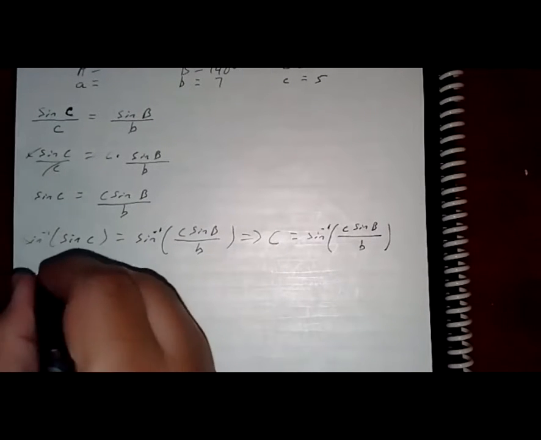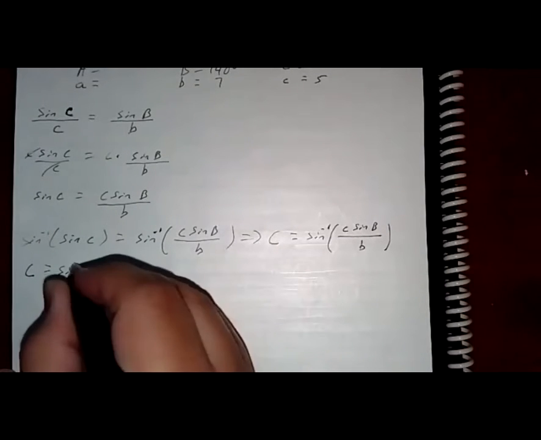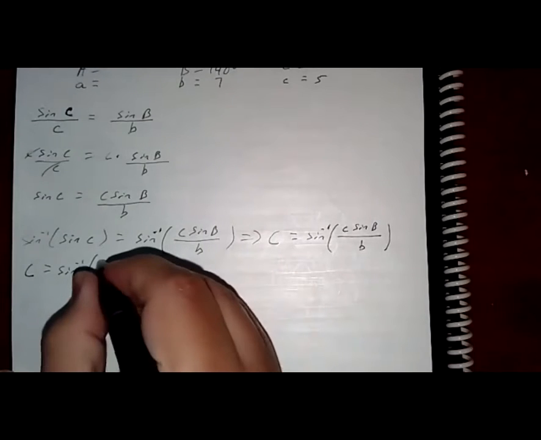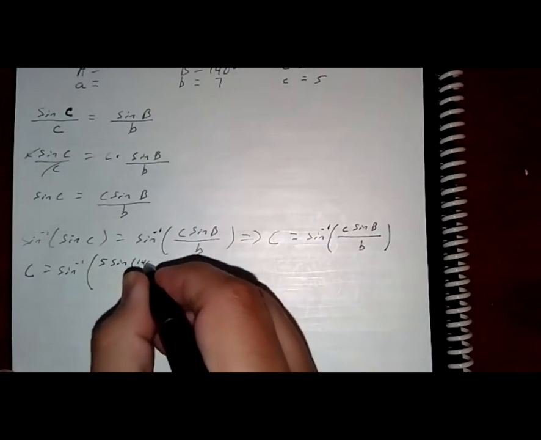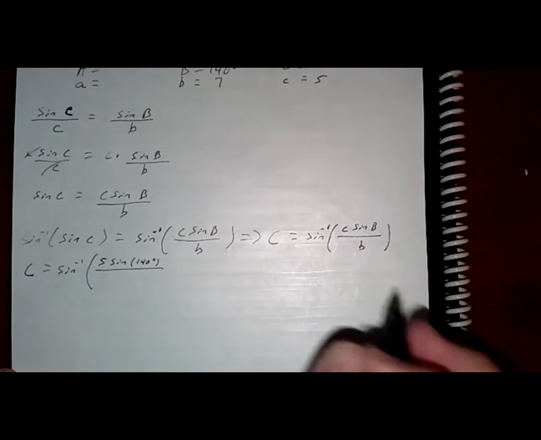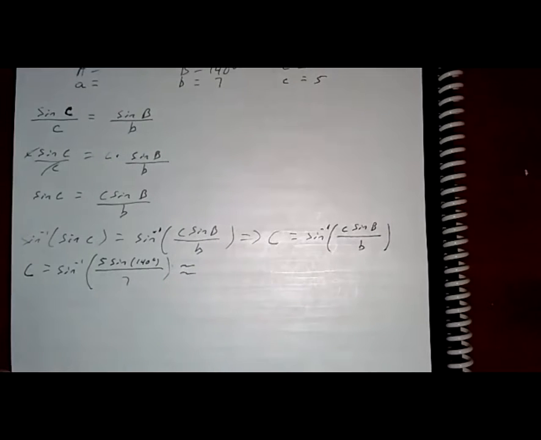Okay, so C, plug in all the numbers: that will be 5 sine of 140 over 7. So what is that going to be?